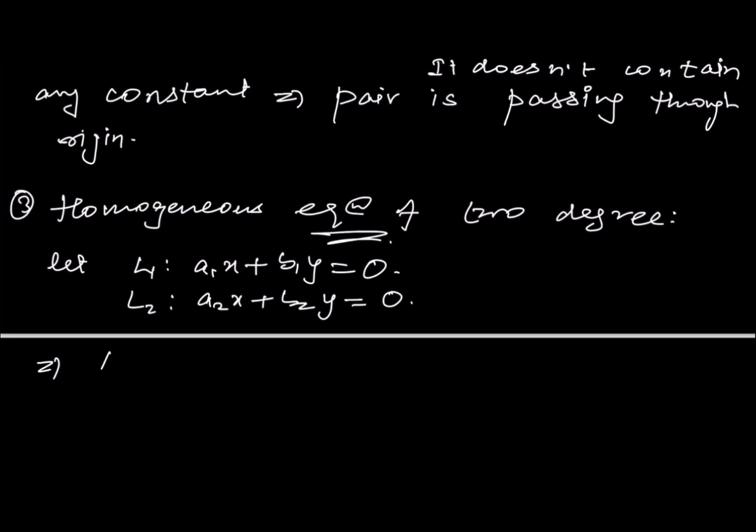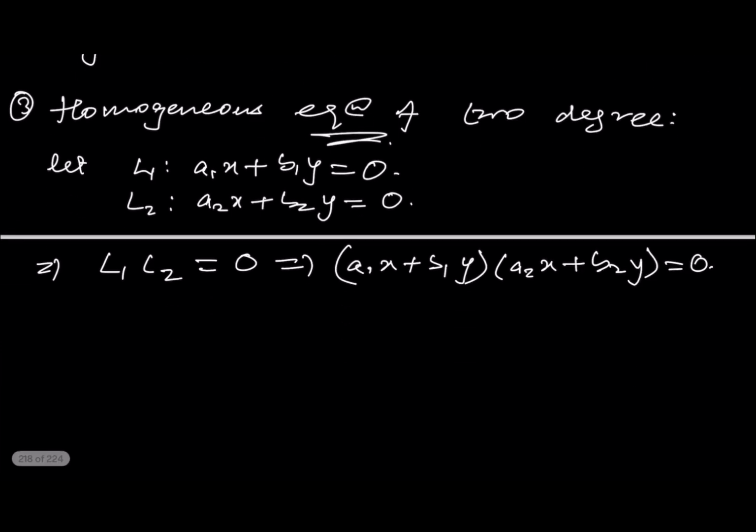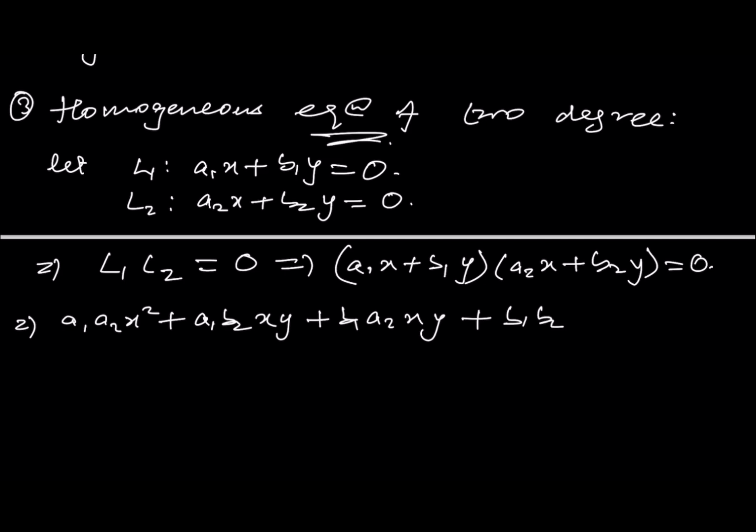Now for the pair I am writing L1 L2 is equal to 0, or (a1x plus b1y) into (a2x plus b2y) is equal to 0, or a1a2 x square plus a1b2 xy plus b1a2 xy plus b1b2 y square is equal to 0, right?